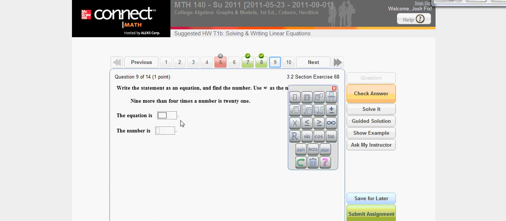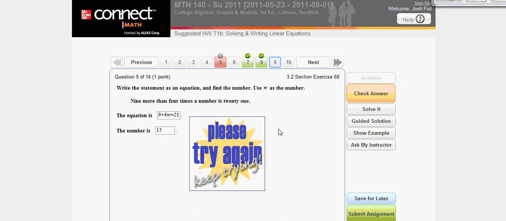So 9 plus 4w equals 21. And the solution, I don't know, I'm just going to put 13. Now, what I want you to see here is that "more than" always means that you'll put something like 4w plus 9. And in this case, we're going to see that when I check my answer, I get it wrong.